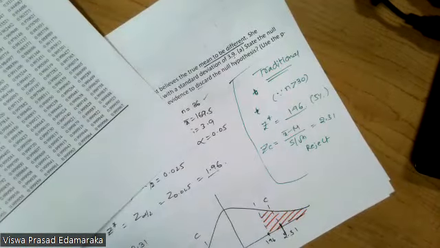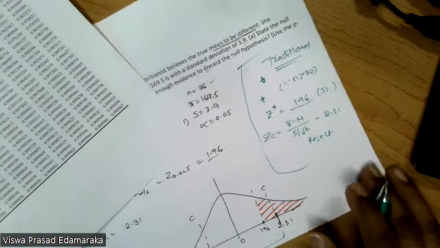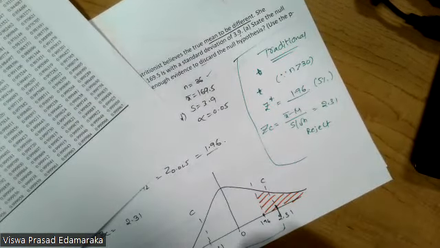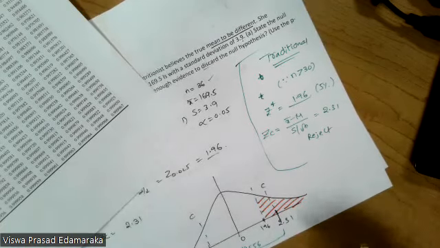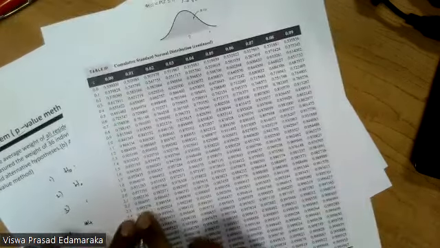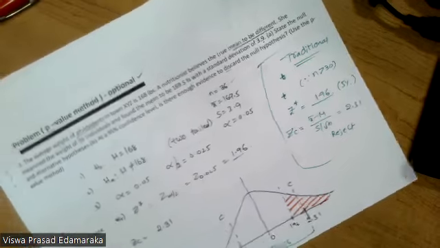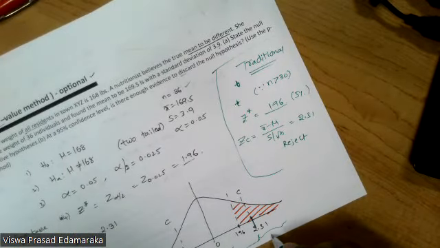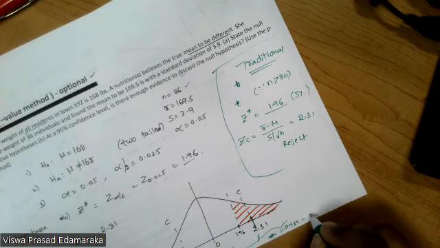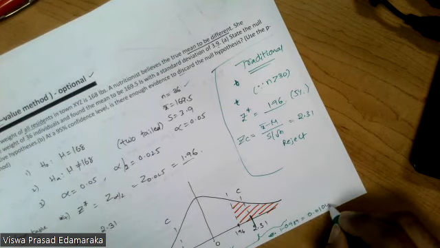The value from the left hand side to the right hand side is 0.989556, from z value to 2.31. Okay. What is the next remaining area? 1 minus 0.989556 is 0.01044. Okay.